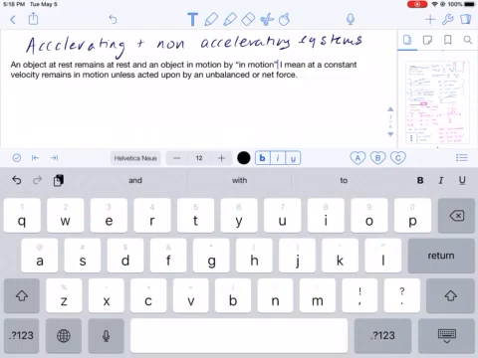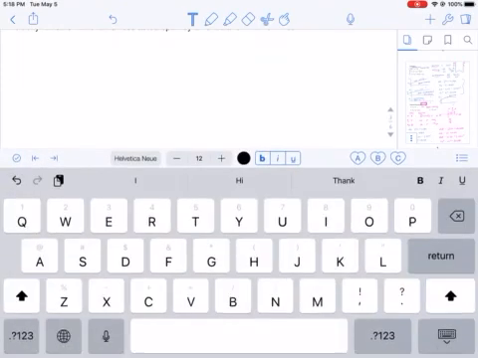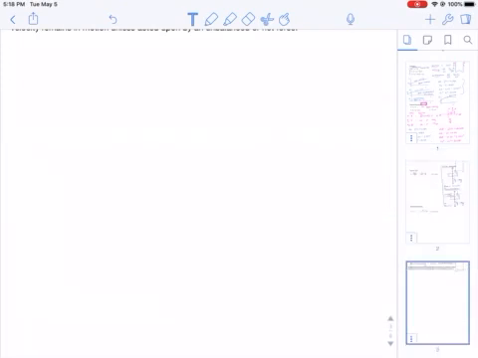A lot of people will state this law as for every action there is an equal and opposite reaction. And in my opinion, in the modern world, that's a terrible way to state it. What they really mean is the force of object 1 on object 2 is equal and opposite to the force of object 2 on object 1.